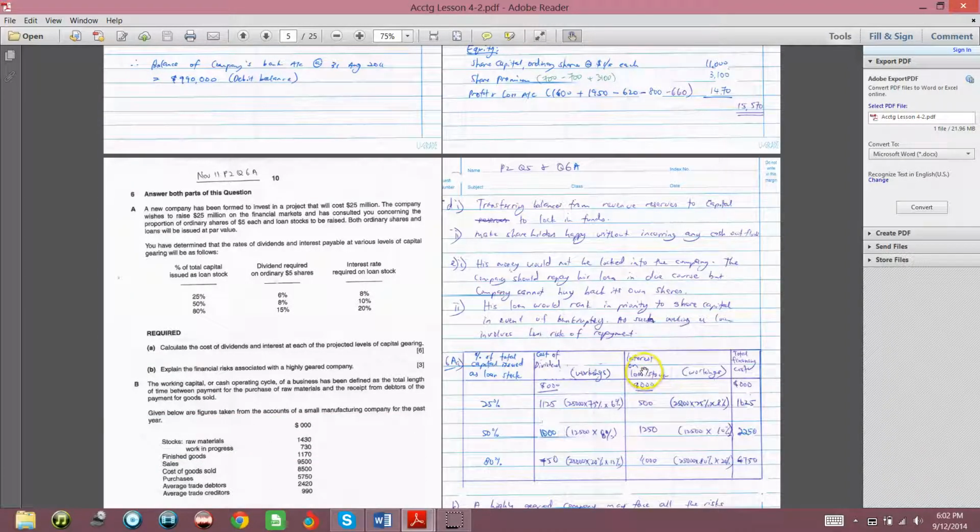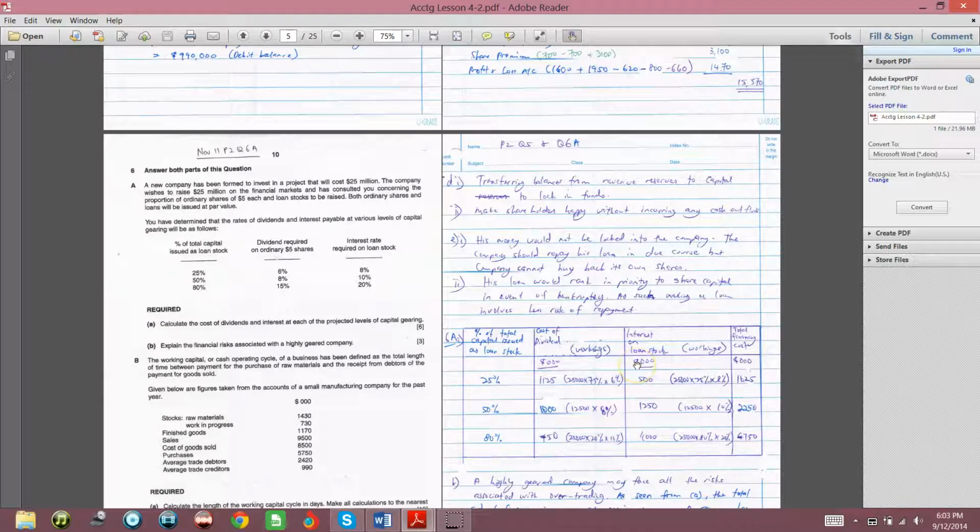Give 2 reasons for making bonus share issue. This is what I explained before in part 1 as well. Make shareholders happy without incurring any cash outflow. And number 1, I put transferring balances from revenue reserves to capital reserves to lock in the funds.